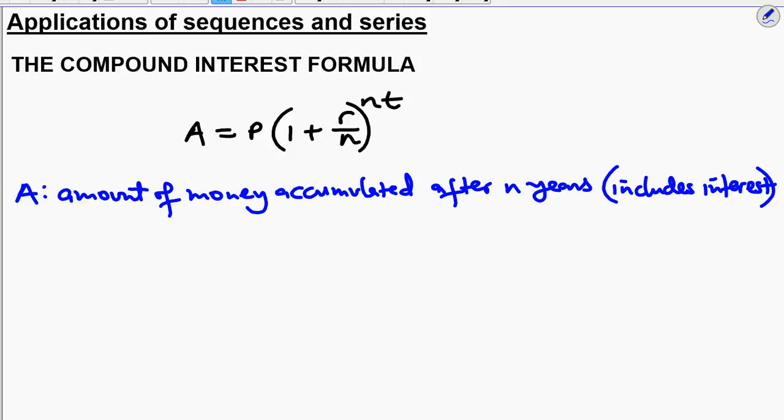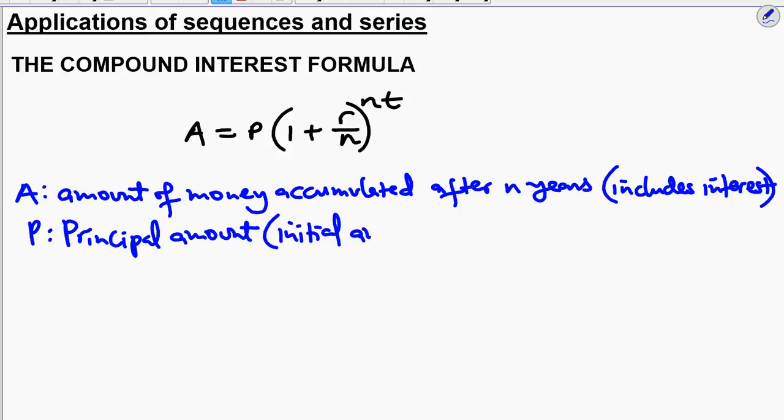Okay. P is the principal amount. And what this means is, it's the initial amount you borrow or deposit.